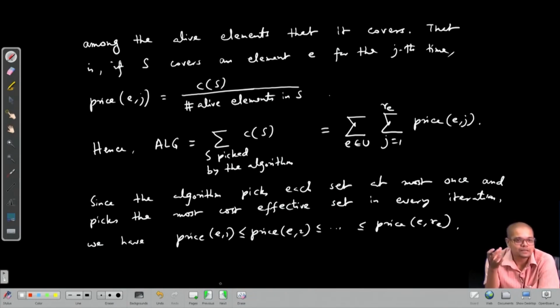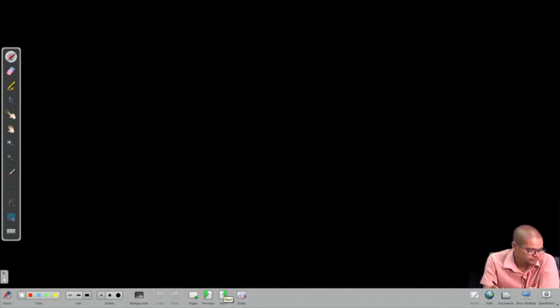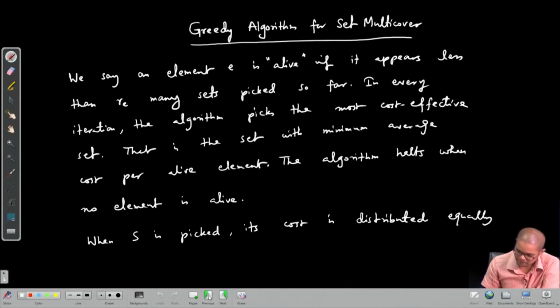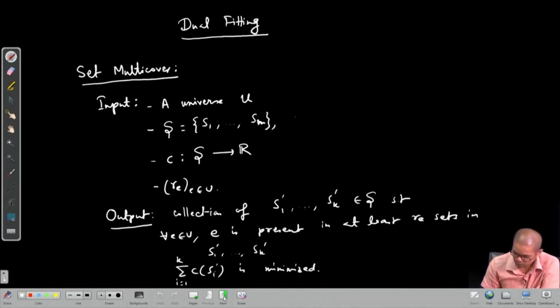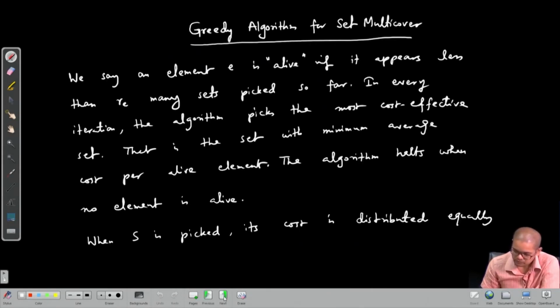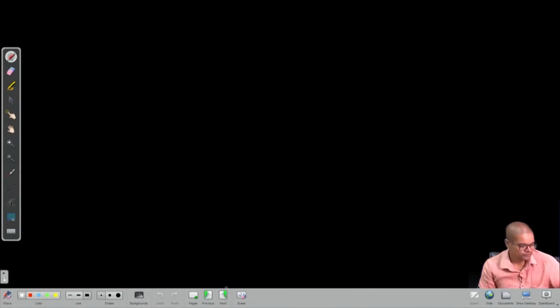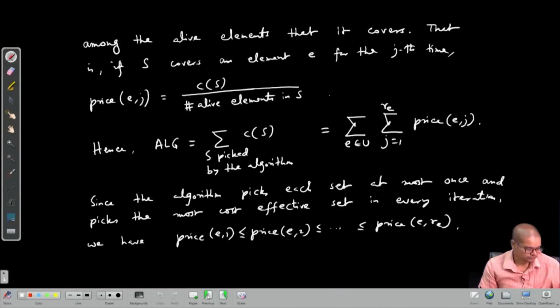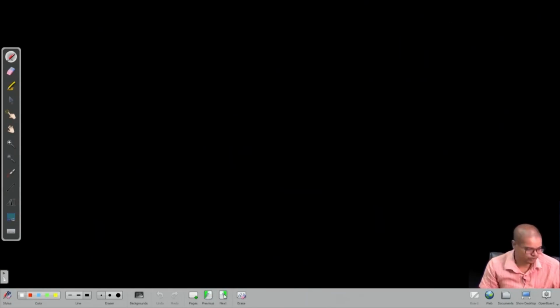What is the first step? The first step is to come up with a dual assignment which may be infeasible, but which gives a bound on ALG. So what is the dual linear program? Let us write the linear programs.